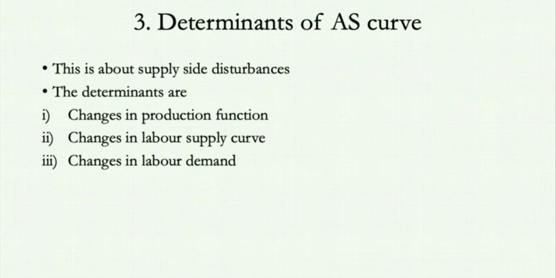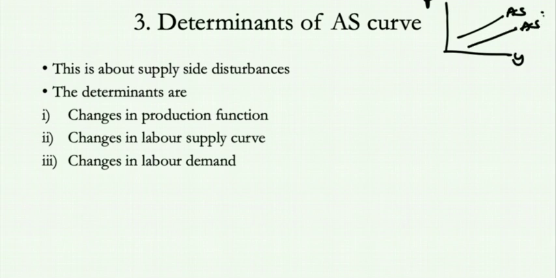Here, we also want to discuss this, but we want to see not only what happens to aggregate supply. Because what we know is that if this is aggregate supply, with price here, then aggregate supply shifts to the right or shifts to the left. That's what the determinants of aggregate supply can do to the curve. Okay.